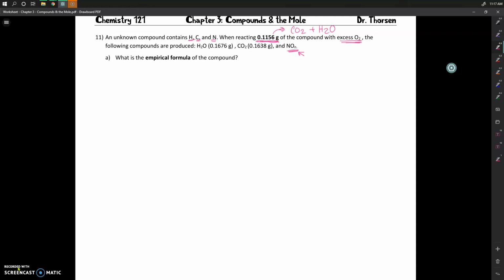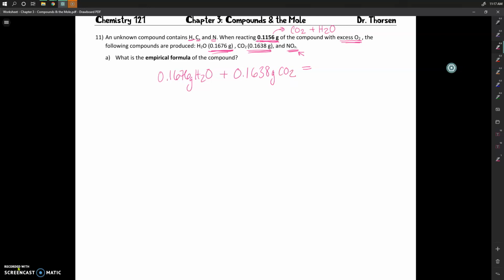What we do pay attention to, though, is the amount of water that's being formed and the amount of carbon dioxide that's being formed. And one of the first things that always confuses people is the amount of water, right? We've got this 0.1676 grams of water plus the amount of CO2 that are being formed in this process.